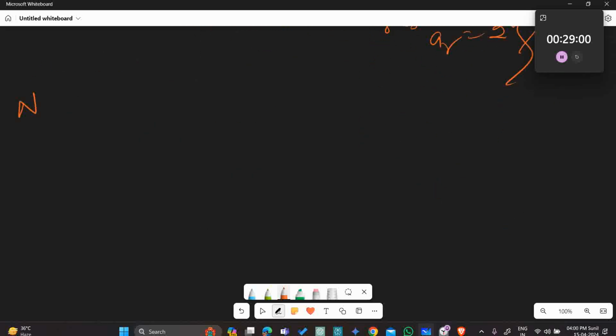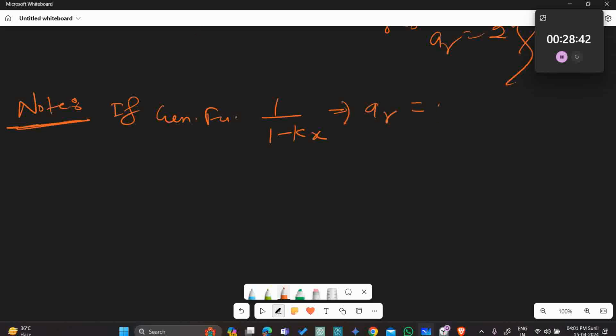So note, more notes here. If the generating function is 1 upon 1 minus kx, then a of r is equal to k to the power r. Right? And if it is 1 upon 1 plus kx, it is minus k to the power r.